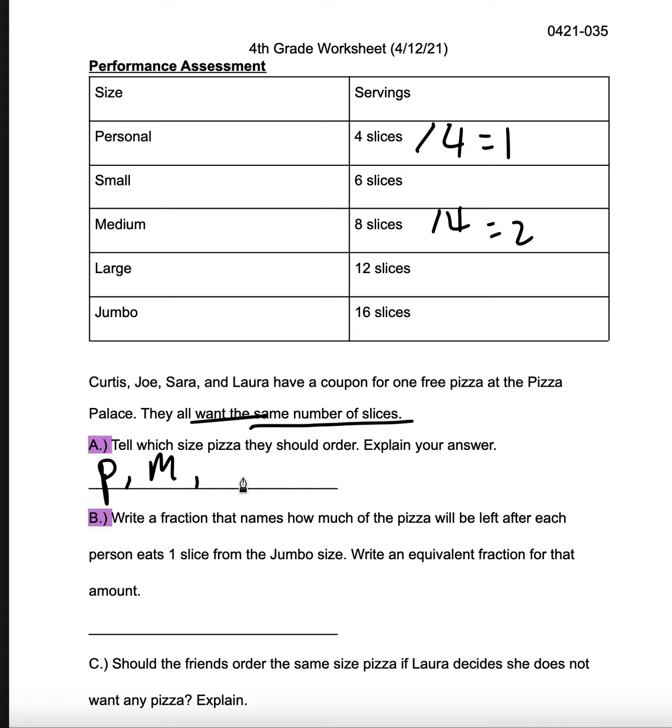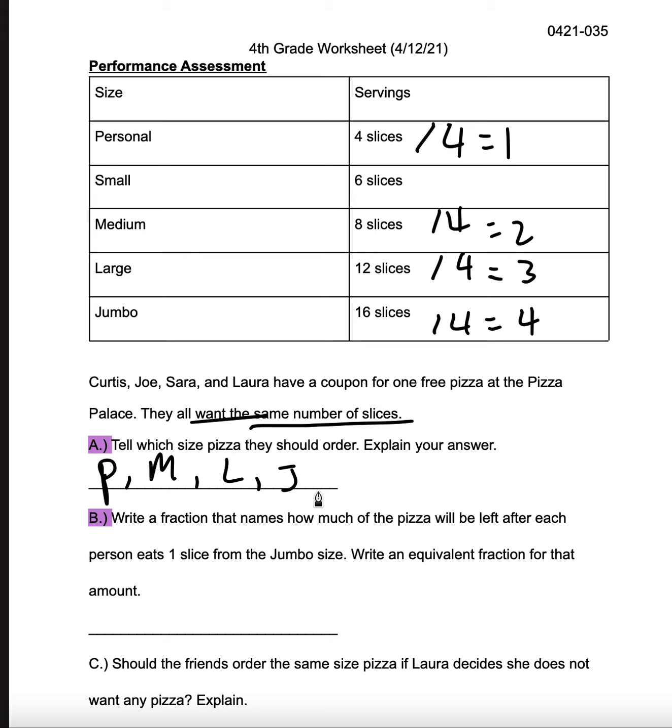You can also order large because if you divide by 4, it divides into 3 slices per person. And they can order jumbo because if you divide by 4, you get 4 slices per person. So explain your answer. You can just write that it divides evenly into 4 people.